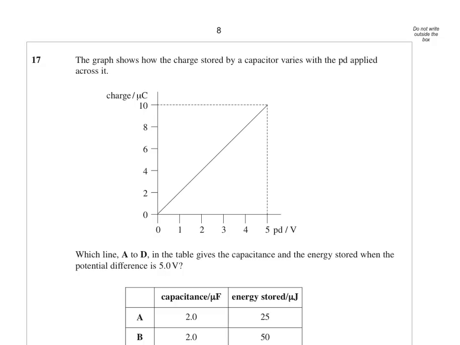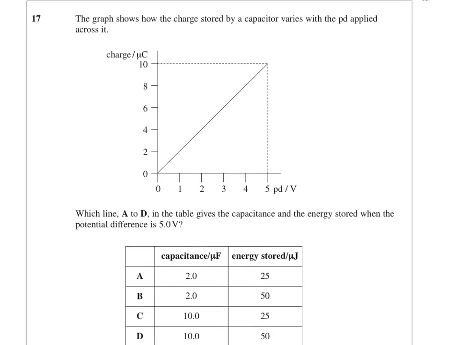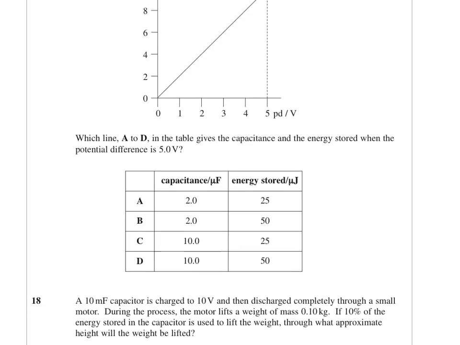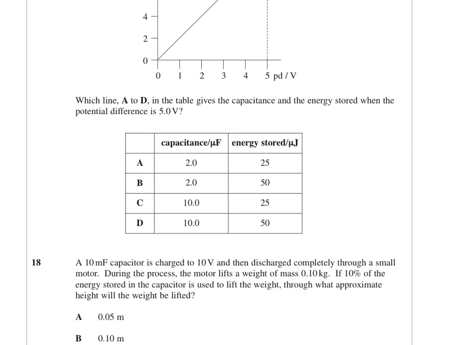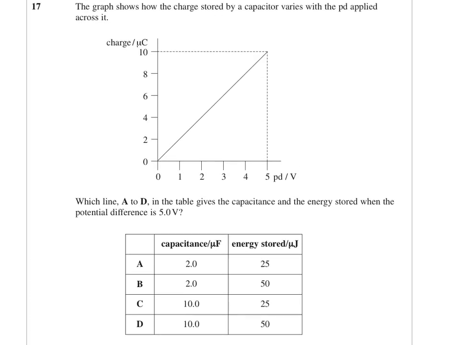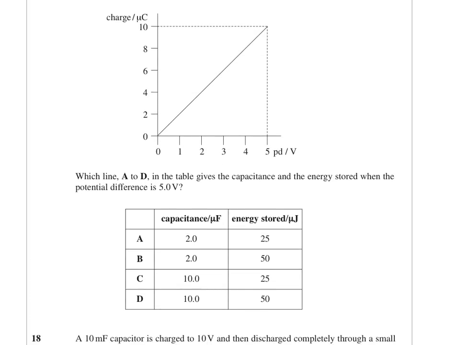Okay, so let's move on to the next one. The graph shows how the charge stored by a capacitor varies with the potential difference across it. Which line A to D gives the capacitance and the energy stored when the potential difference is 5 volts? So capacitance is Q over V. So when it's 5, it's 10 times 10 to the minus 6 over 5, which is 2 times 10 to the minus 6.